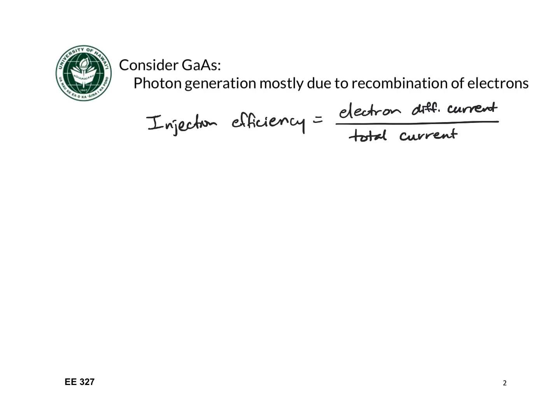Okay, so injection efficiency, we'll give a lowercase gamma as the symbol for that. And we're looking at electron diffusion current normalized to the total current density. So the total current density includes electron diffusion current, hole diffusion current, and our recombination current.